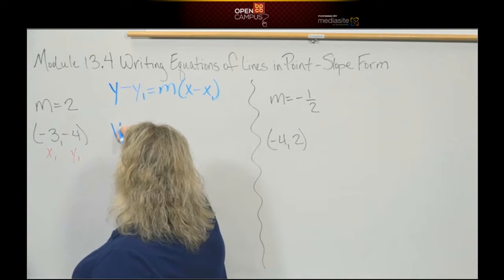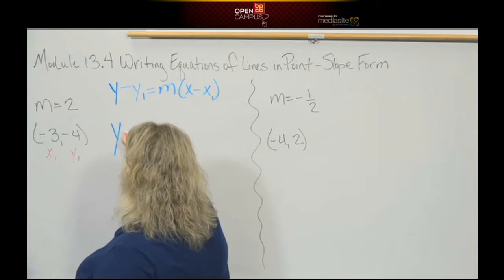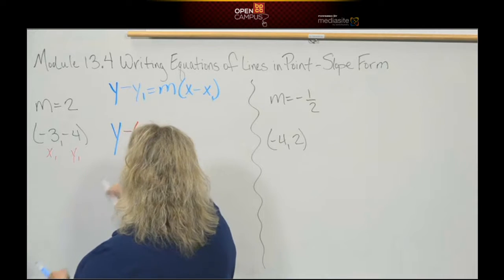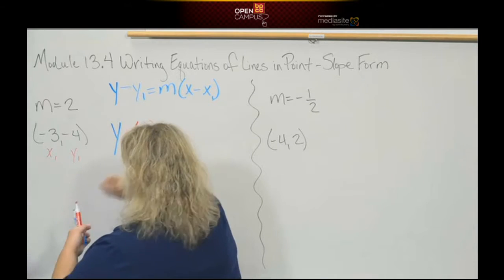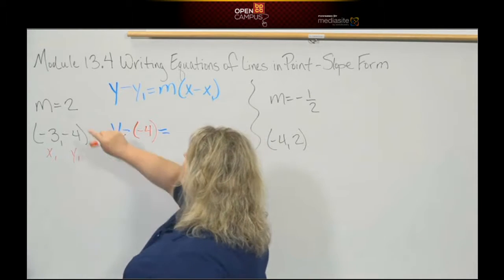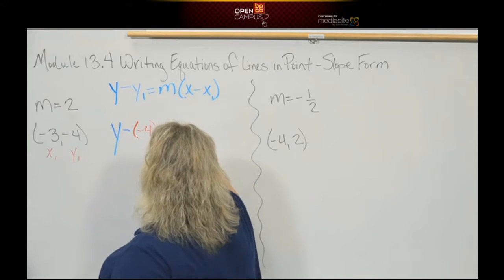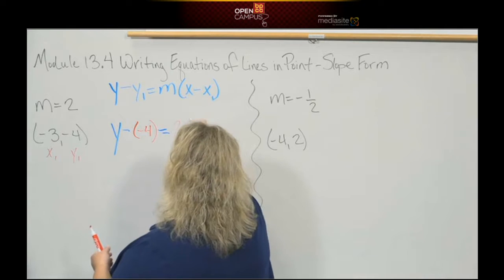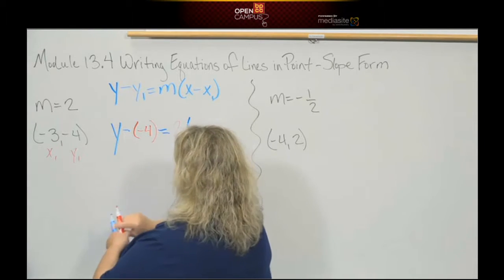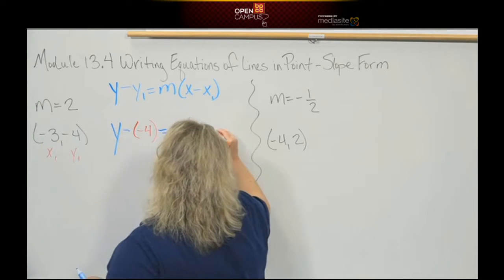So we have y minus y1, and y1 is -4, okay? Is equal to m. M is 2 times x minus x1. x1 is -3.